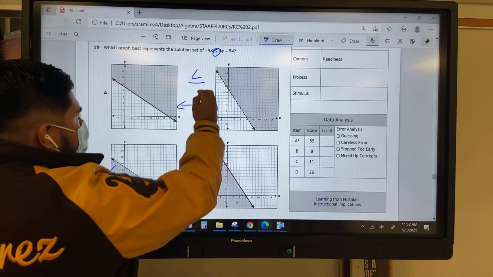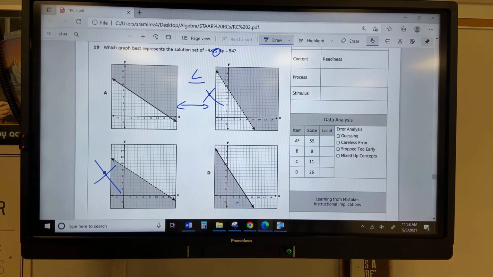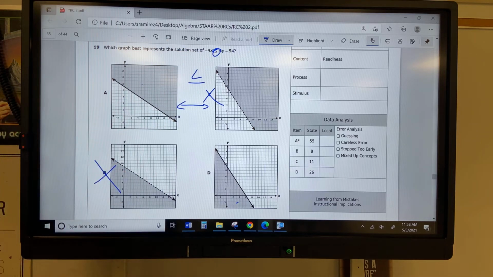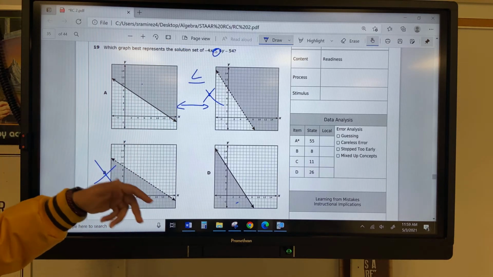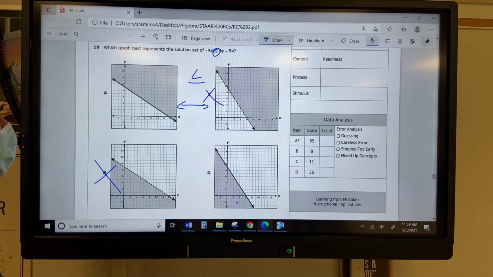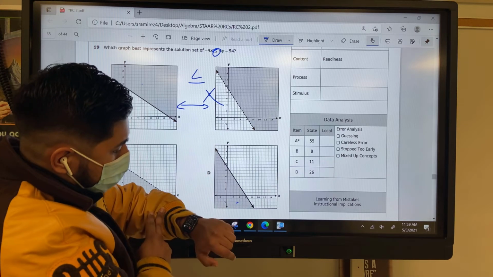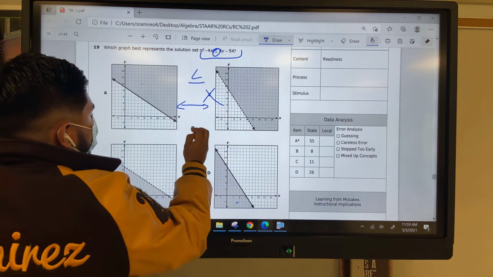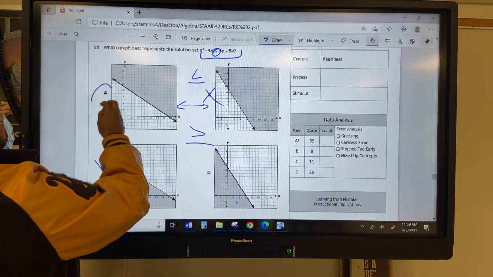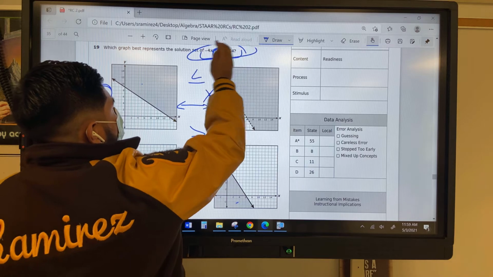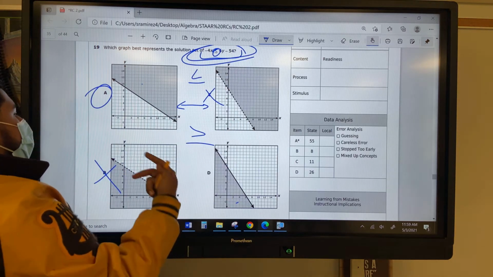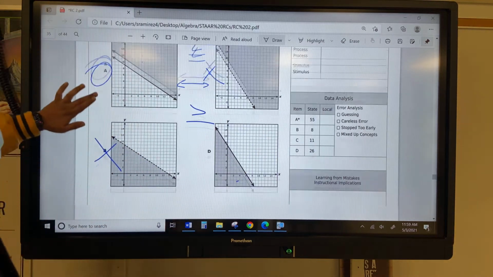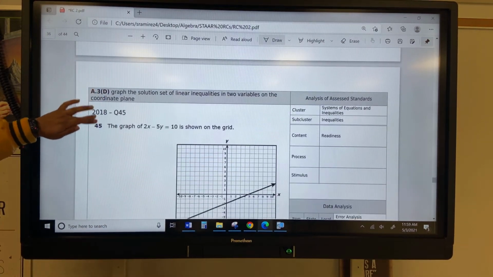Cross out B, cross out C. Now the symbol is less than, but after you finish converting it, it flips. I want to do it, but we're crunching on time. But after you work out this problem, it actually flips to greater than, which gives me A. Convert this on your own, and you'll see that it flips. Okay? Again, I'm on crunch of time. Can't waste too much time.